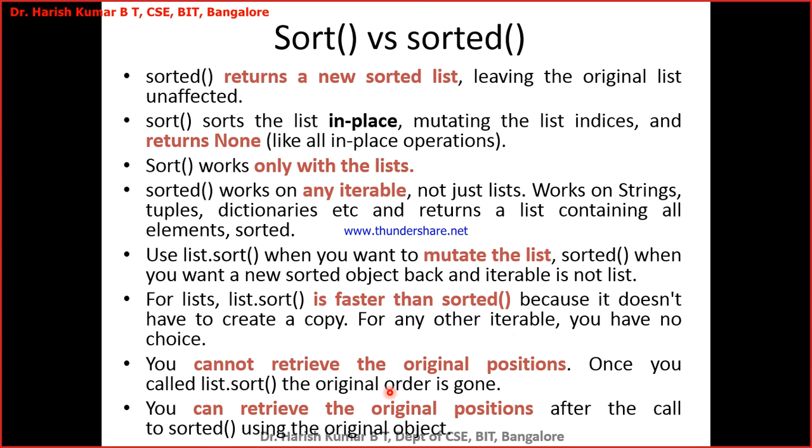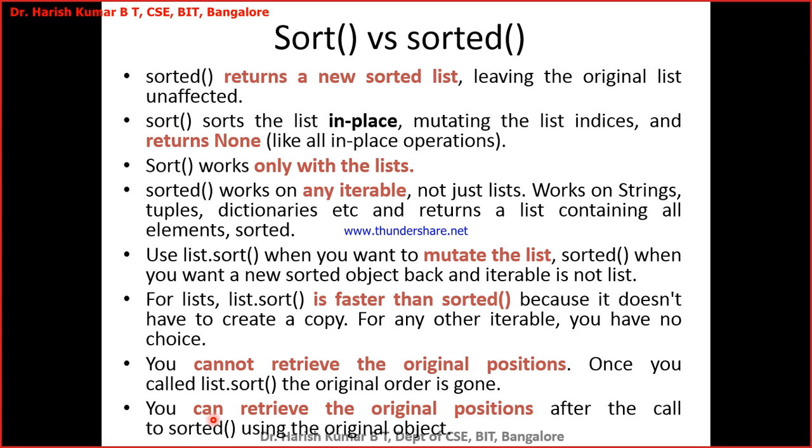And then if you use sort, you cannot retrieve the original positions, since it makes modifications to the already existing list. So when you are using the sort function, it is not possible for you to retrieve the original positions of the items.